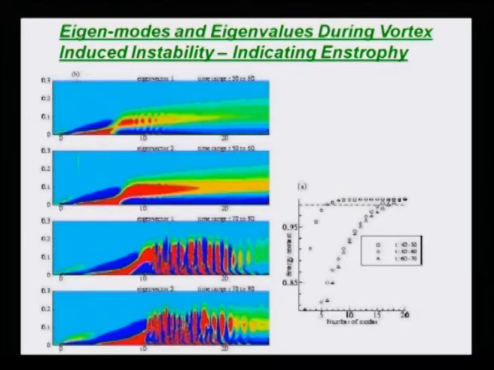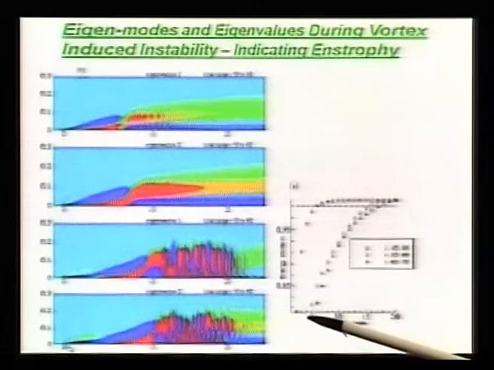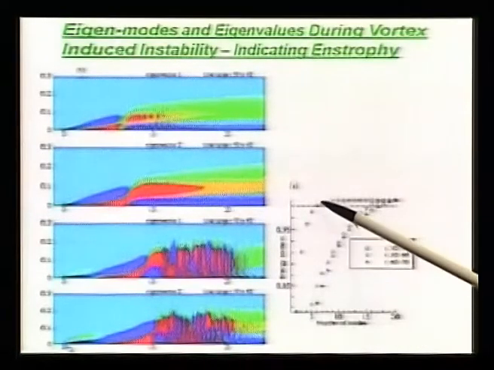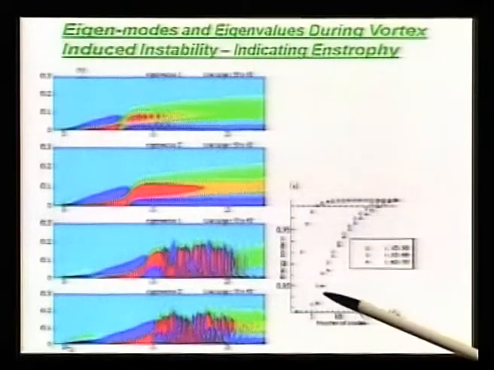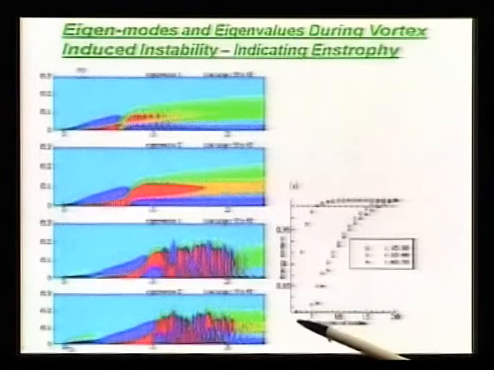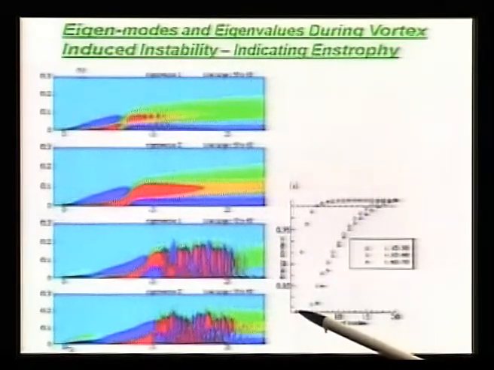What you notice that when the primary instability has not started vigorously, like the time interval between 40 and 50, then you look at the way the energy cumulatively increases, right. So, this first mode may account for almost 80%.